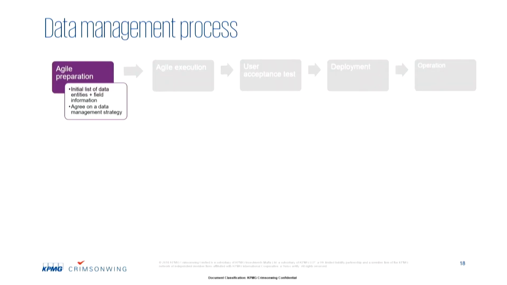It is also very important that we specify that this list of data entities will change and will evolve during the execution phase. The data strategy is also something very important that we have to talk about in the preparation phase. It is important to define what are the client responsibilities and what are the delivery team responsibilities.